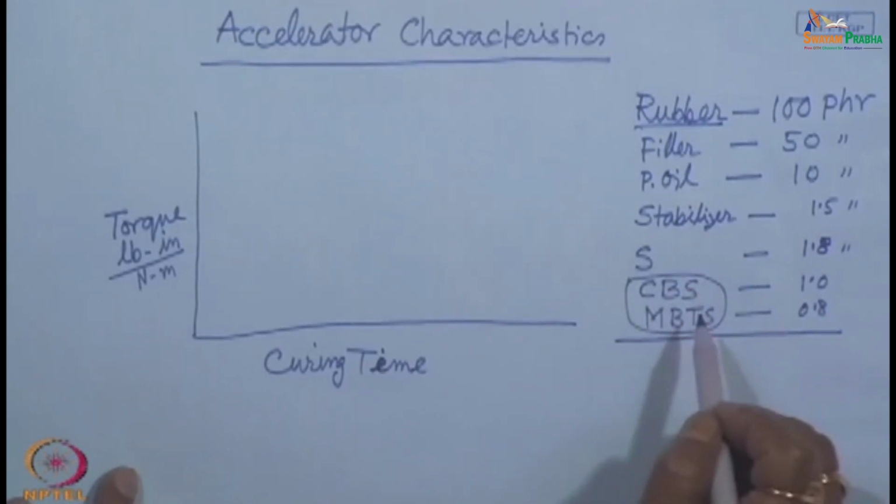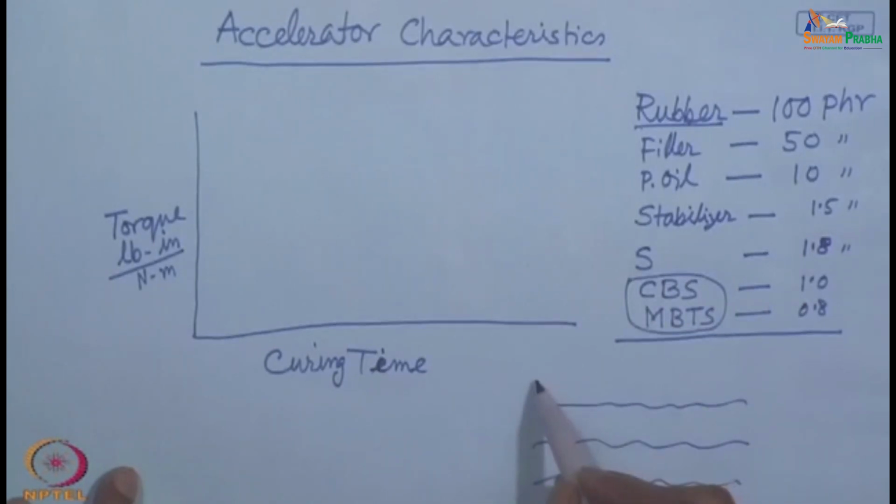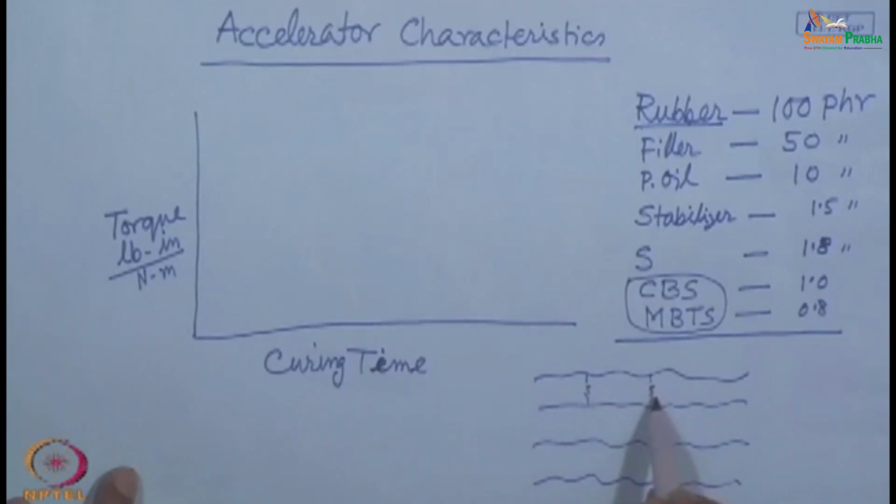During such reaction, there will be intermolecular linkage between the linear polymer molecules through sulfur atoms, either disulfide or polysulfide, Sx. So, that forms a 3-dimensional linkage through sulfur.